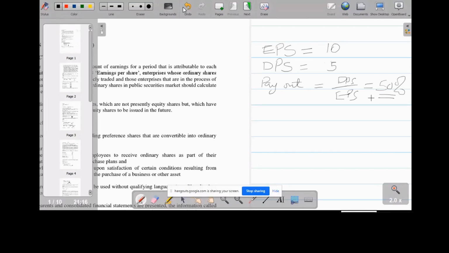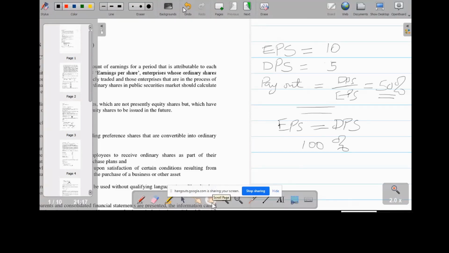But where you find the EPS and the DPS being equal, then we talk of a 100% dividend payout ratio. It simply means everything that was attributable was paid as dividend during that particular financial year.